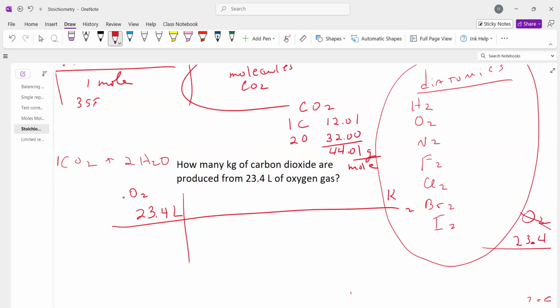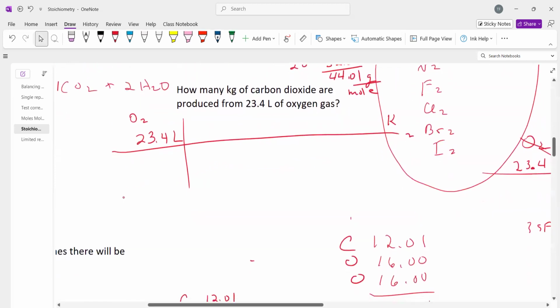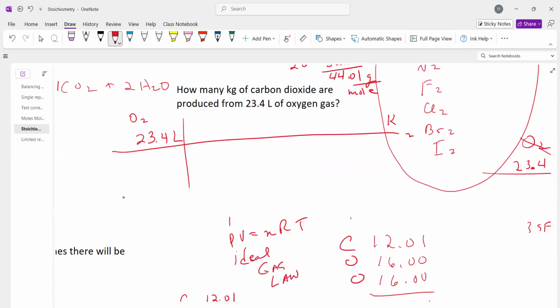So what that means is the front end, that's the ideal gas law. P is pressure, V is volume, N is moles, T is temperature. R is a constant.